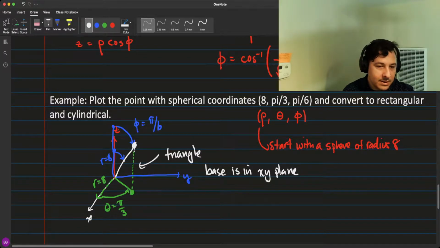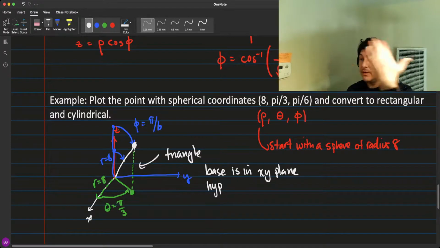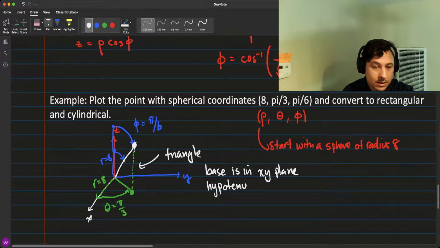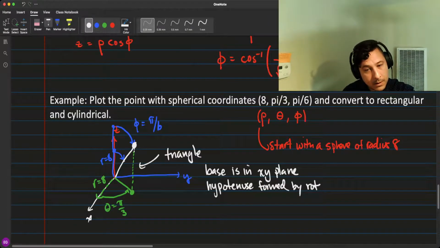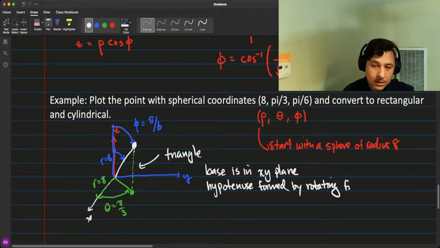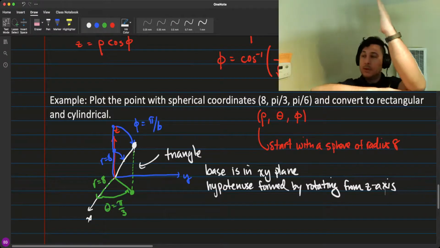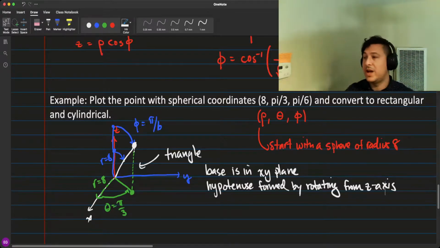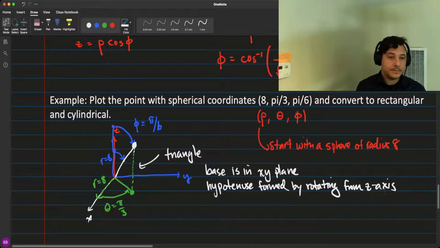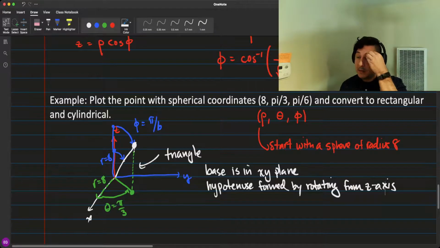The hypotenuse was formed by rotating from the z-axis. And then you need that base and the hypotenuse to form a triangle. One needs to be the shadow of the other, which is why I know they form a triangle. Okay, so I get my point right there. It's in that quadrant. Okay, so now we can find the x and y coordinates of it.